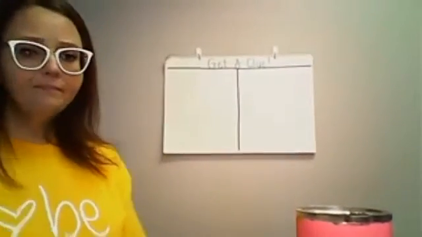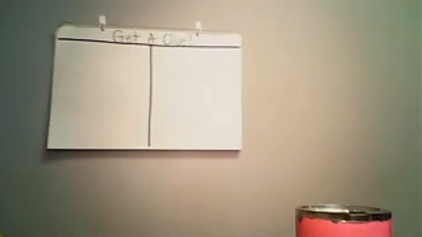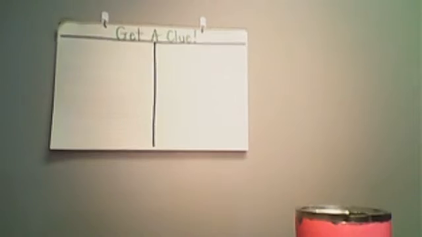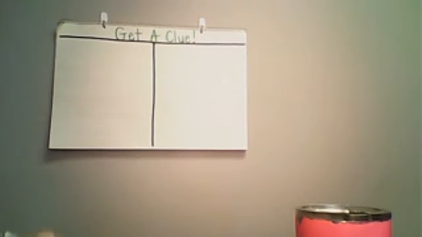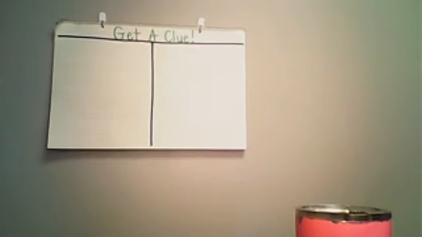All right. And we're going to look at this chart here. Get a clue. What do you think I'm talking about? Get a clue about what? What am I saying? Get a clue. Clue words. Yes. We're getting all those good clue words.